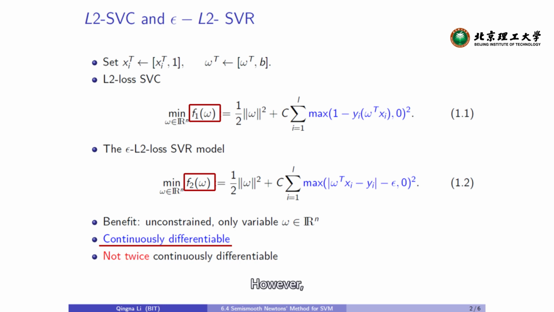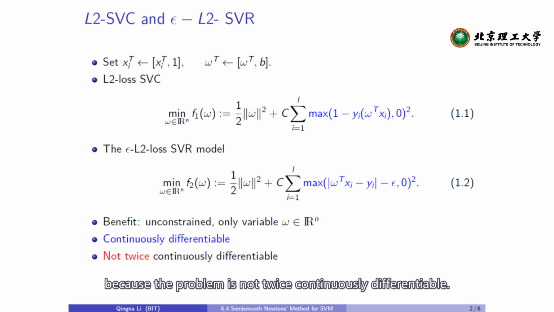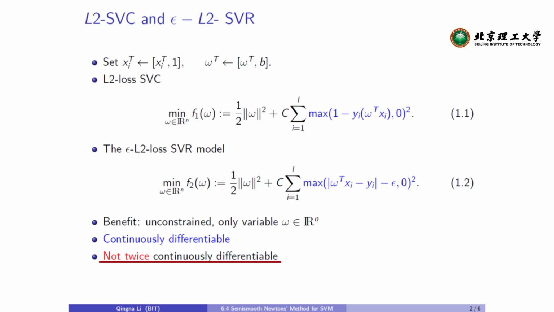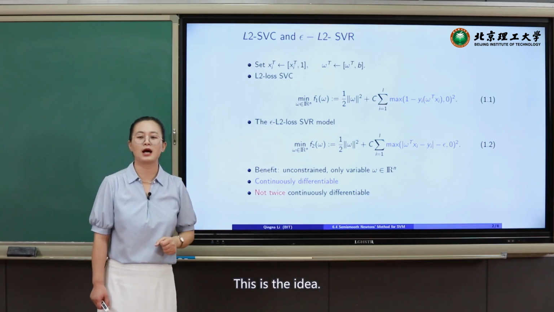However, after taking the gradient, we cannot take the Hessian matrix at all because the problem is not twice continuously differentiable. All right? So this looks like bad news. However, we can make use of this non-differentiable property by using semi-smooth Newton's method. Okay, so this is the idea.